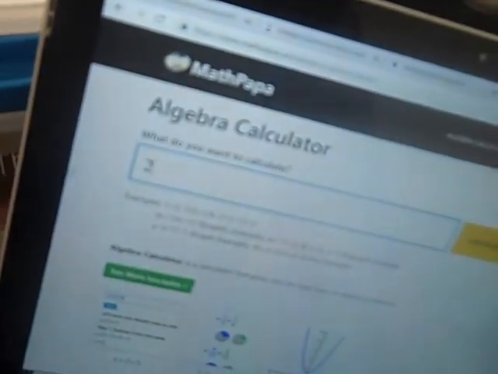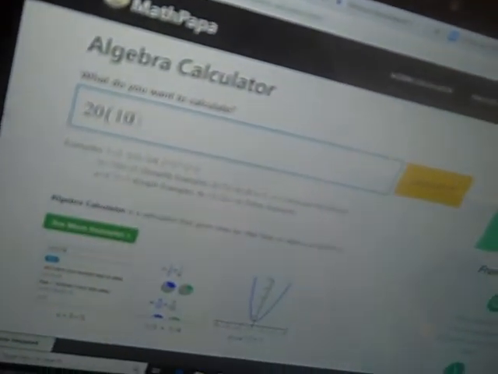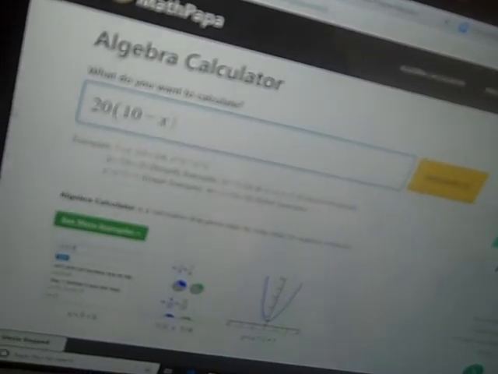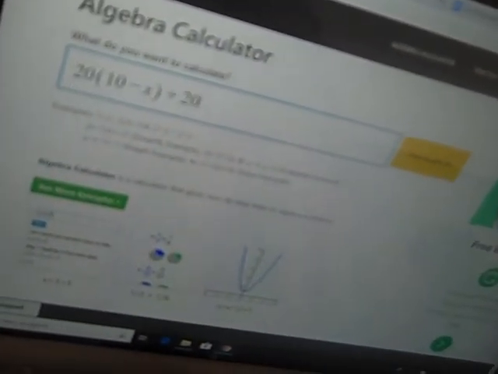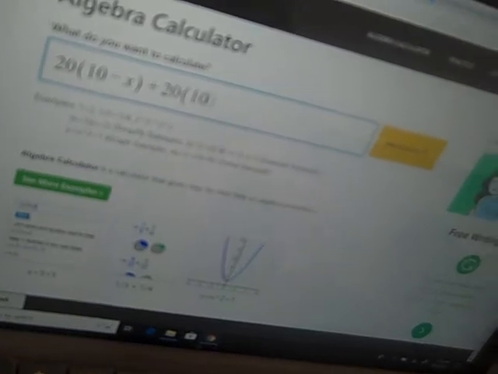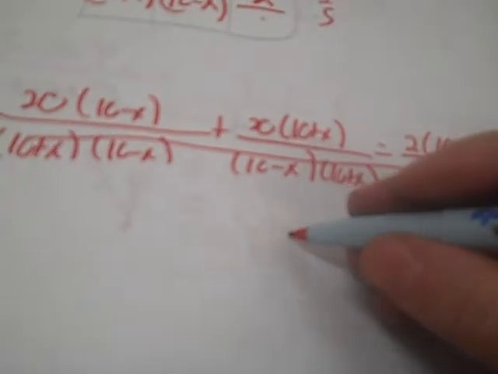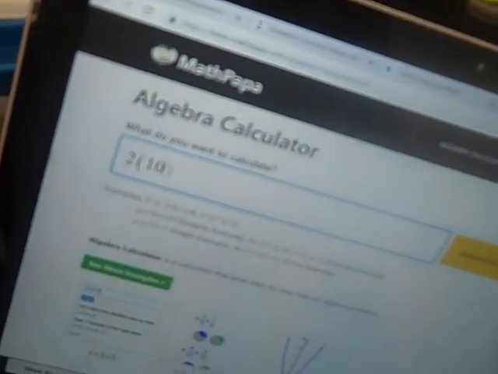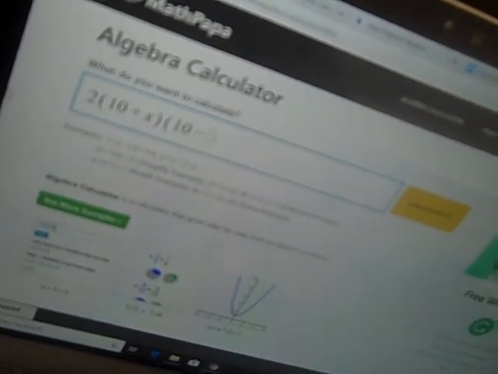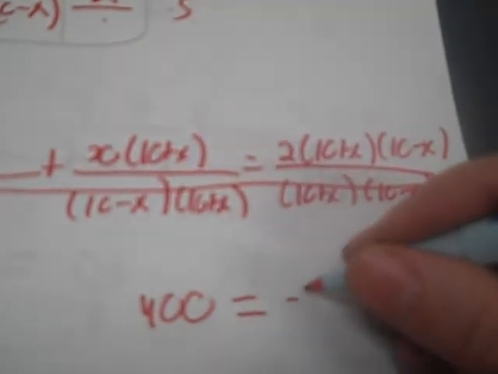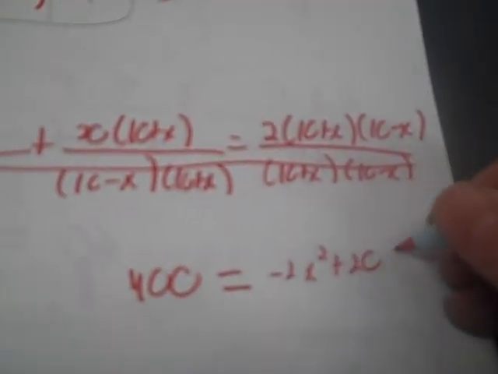We'll be taking 20, 10 minus x, plus 20, and then 10 plus x. 400. Okay, then on the other side of the equation, I have 2, and I'll be taking 10 plus x, then 10 minus x. Get negative 2x to the second power plus 200.